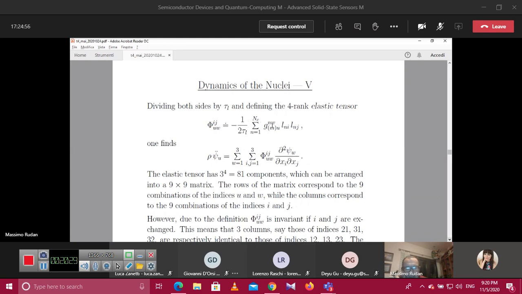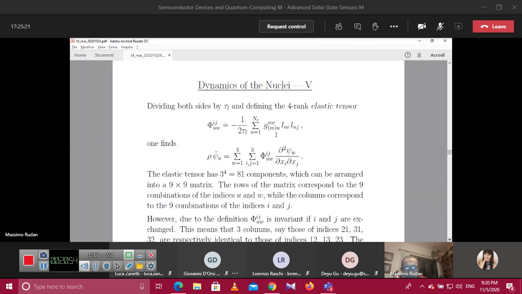This dependency is inside this psi in the displacement. So M is not here anymore. Then we sum over the other index N of the cell, so we saturate this index, and we saturate also this N and this N.